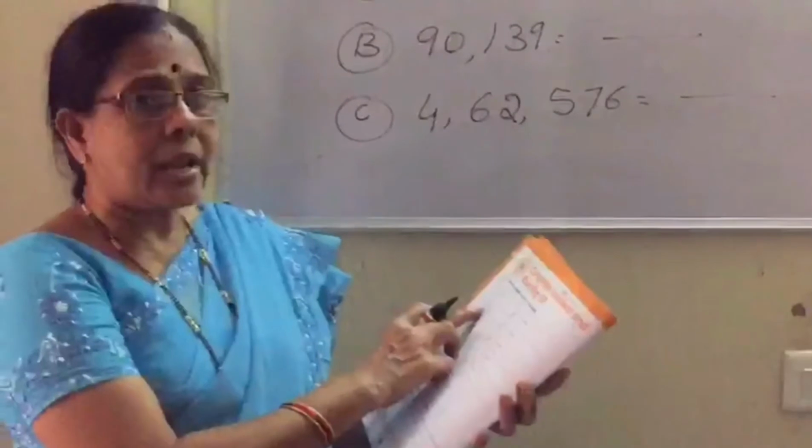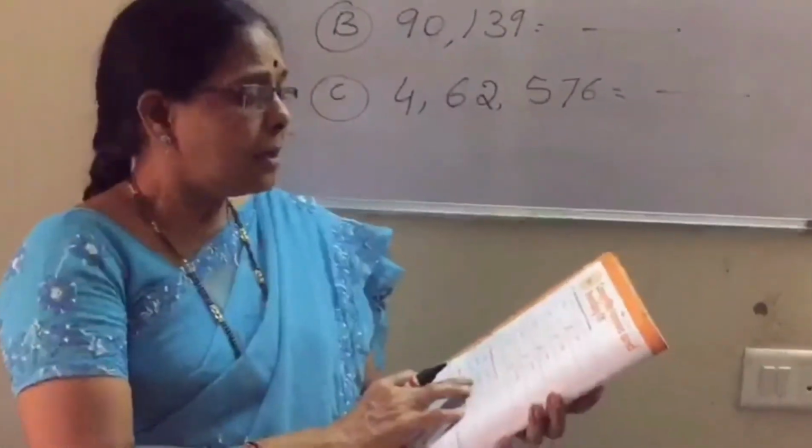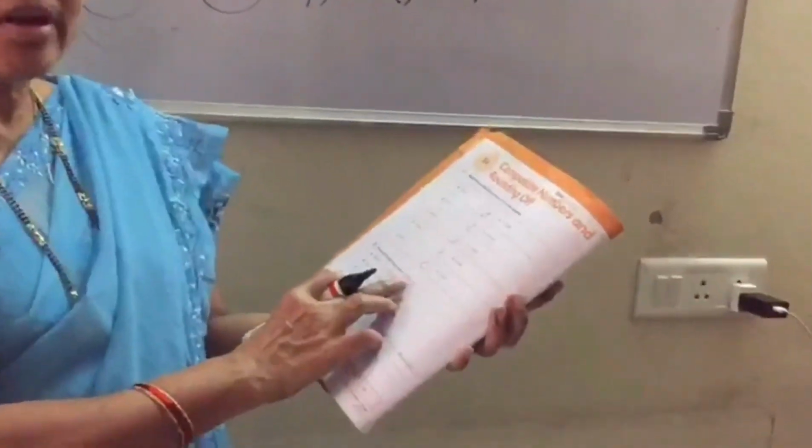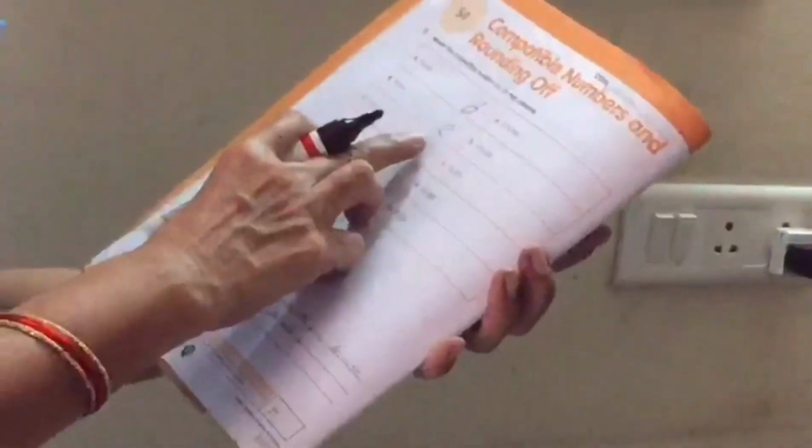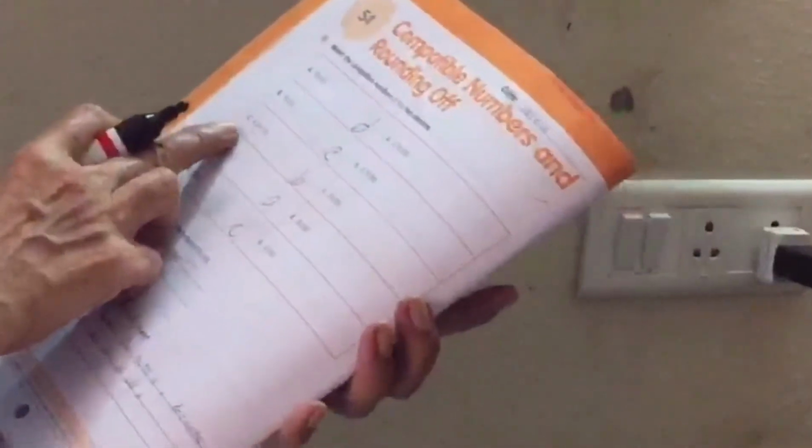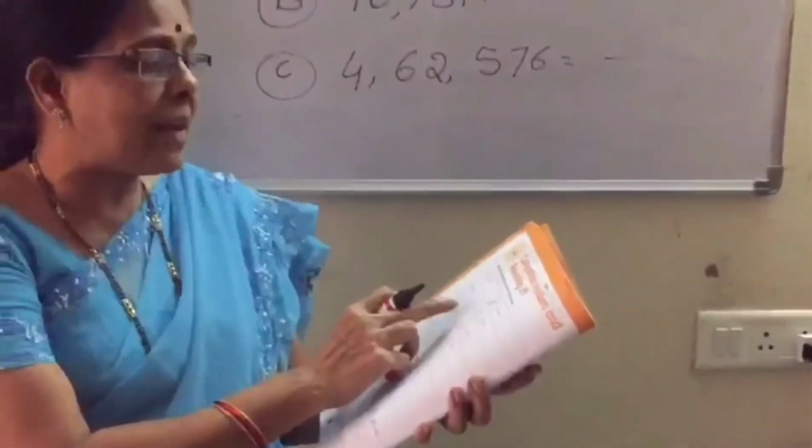Second, B, 19,000. Which is the compatible number? E is the correct answer. Now C, 4,30,000. Here 4 lakhs, concentrate on 30,000, children. For 30,000, which is the compatible number? 70.